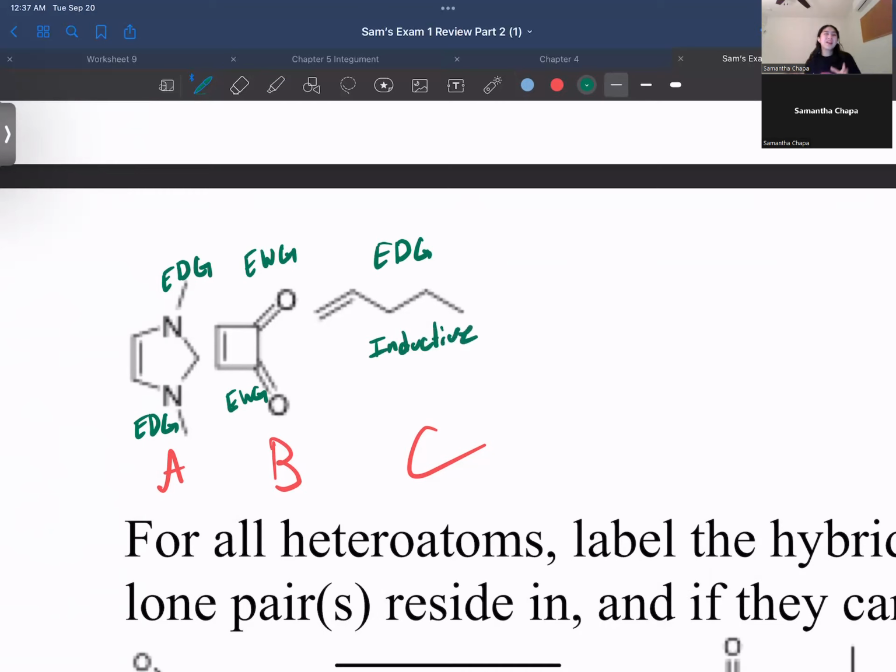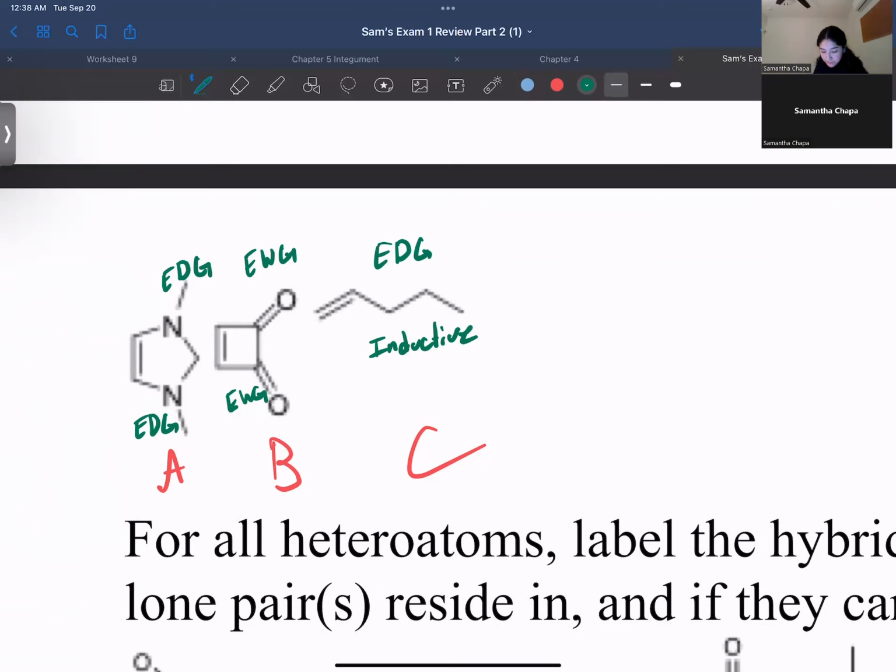So this is a weaker electron donating group compared to everything else, because resonance really provides stability and is something very strong, compared to inductive, which is the softer version, kind of like sharing.